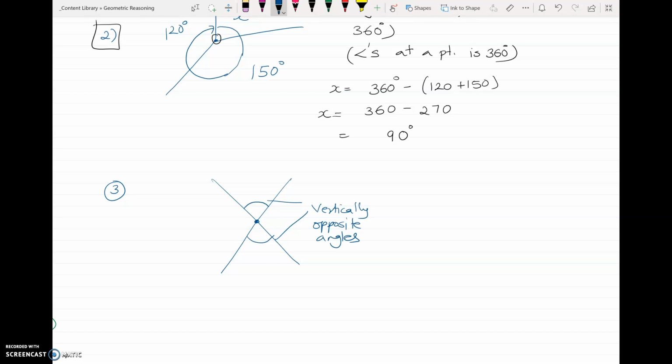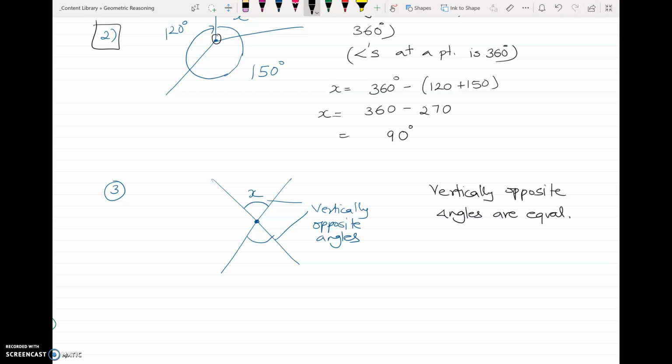The rule says here that the vertically opposite angles are equal. So this is our third rule, that the vertically opposite angles are equal. So how do we use it?